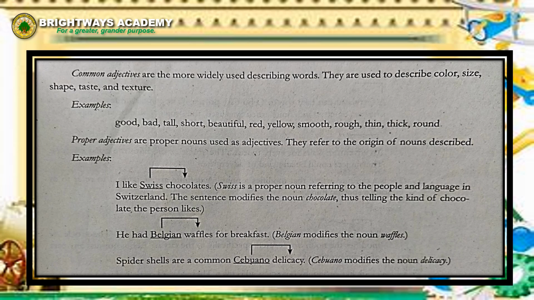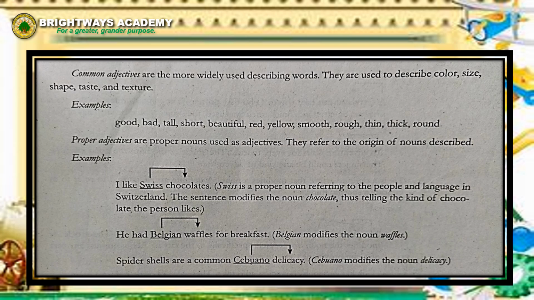So Swiss is the proper noun used, then chocolate is the noun that it modifies. So, in the sentence, Swiss modifies the chocolate. I like Swiss chocolate. Then, another example, he had Belgian waffles for breakfast. So, Belgian modifies the noun waffles.